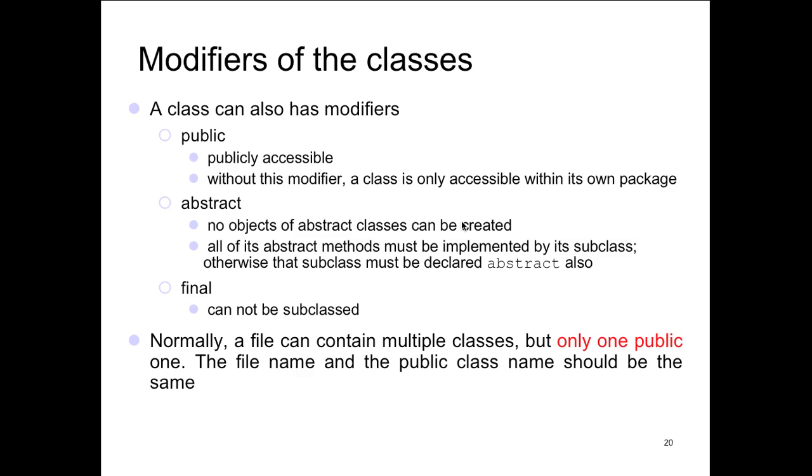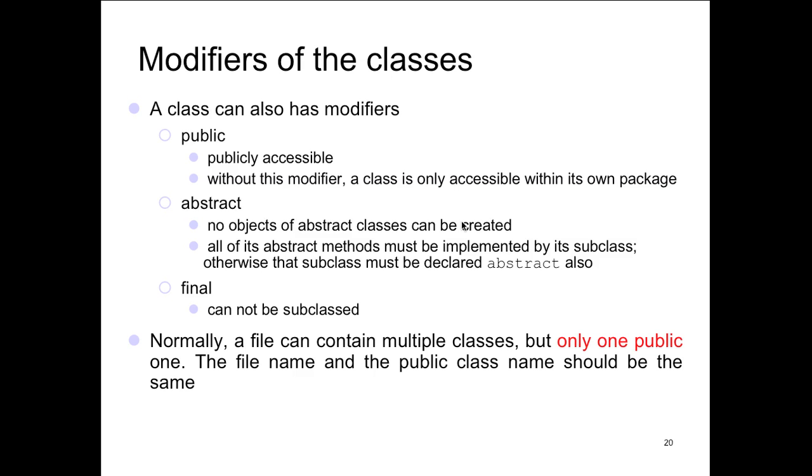You want to make sure that each class that's written from this abstract class implements these methods because it's needed for something, probably from the inheritance further down the road. Even if it doesn't do anything at all, it still needs to be implemented. All of the abstract methods must be implemented by its subclasses, and otherwise the subclass must be declared abstract also. So you can have an abstract subclass of an abstract class.